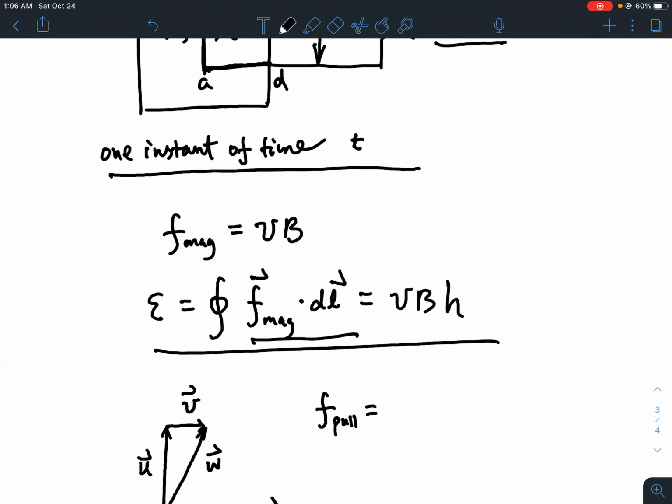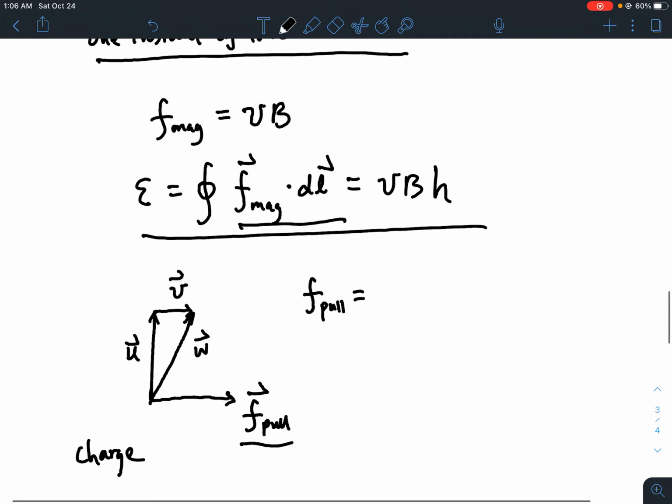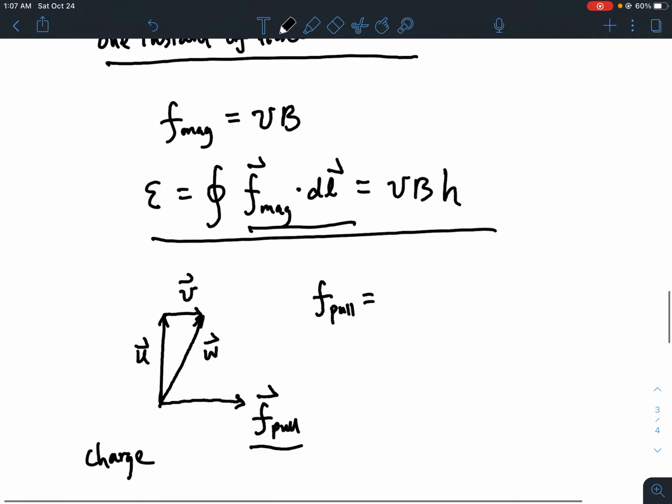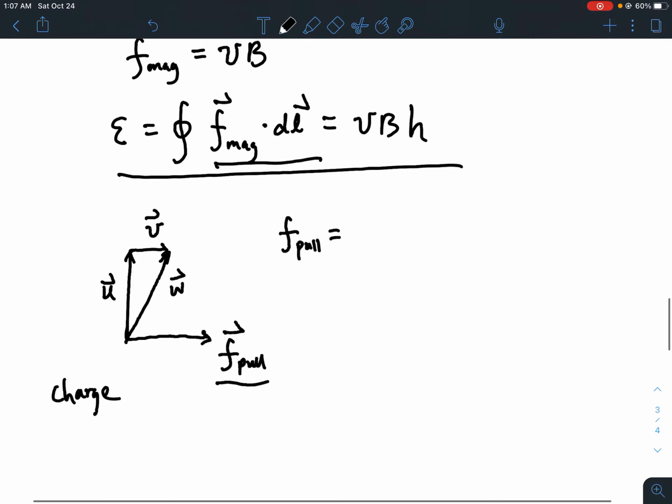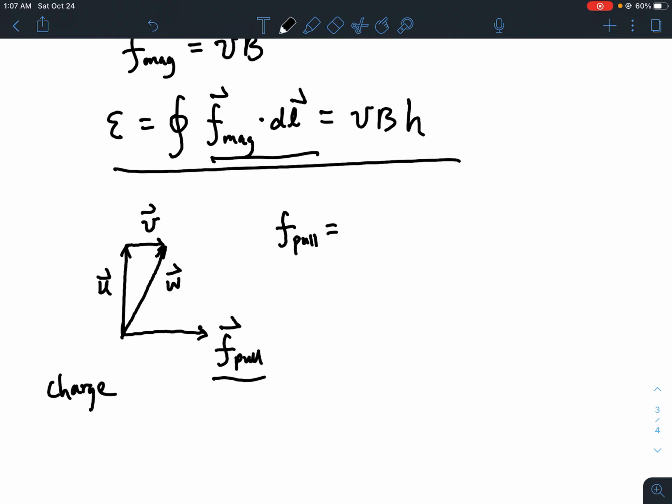Here I used this velocity, because we are assuming the electrons along this wire are moving with this speed.